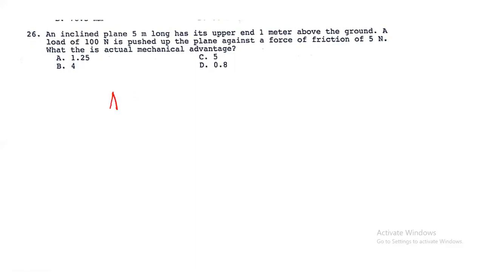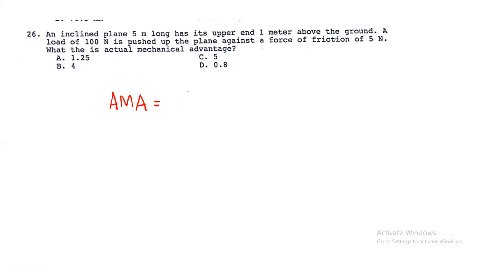So, ang actual mechanical advantage, guys, is simple lang siya, no? So, ang formula natin dyan, paano natin makuha? So, itong actual mechanical advantage, pwede to in terms of distance. So, length.